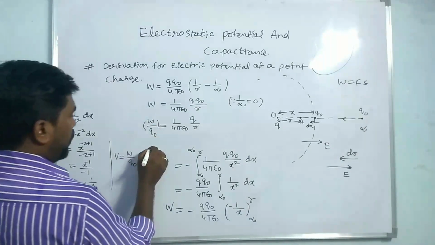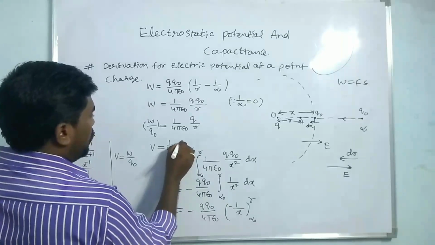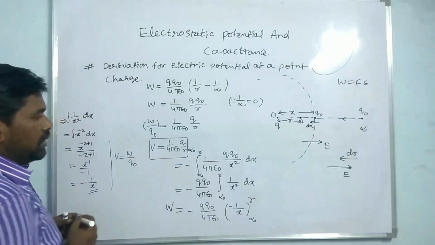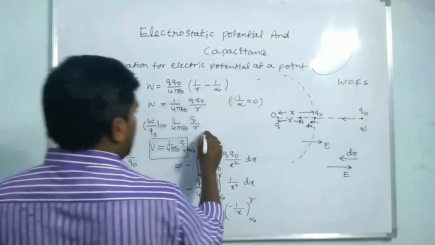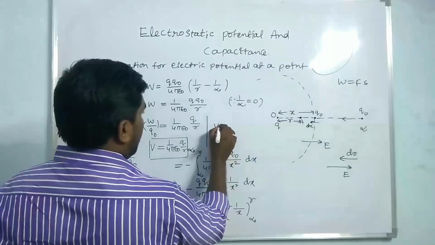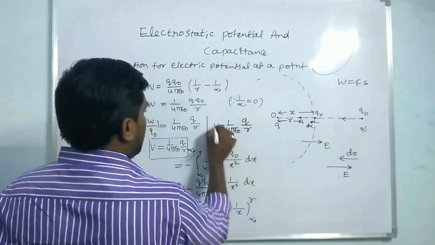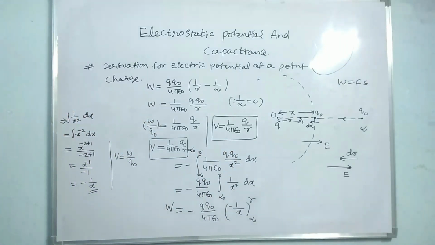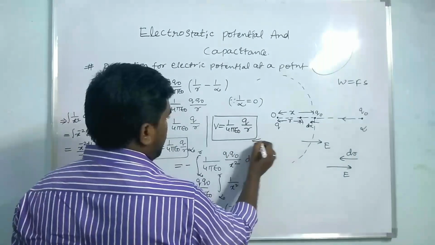So V is equal to 1 by 4 pi epsilon naught q by r. This is the electric potential on a point charge, V is equal to 1 by 4 pi epsilon naught q by r. So this is the derivation.